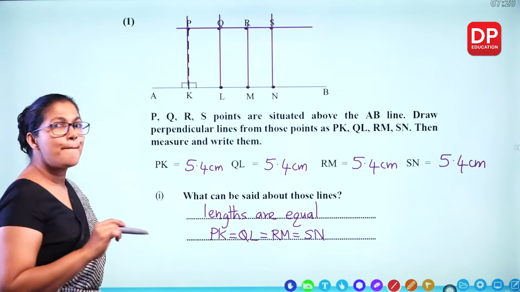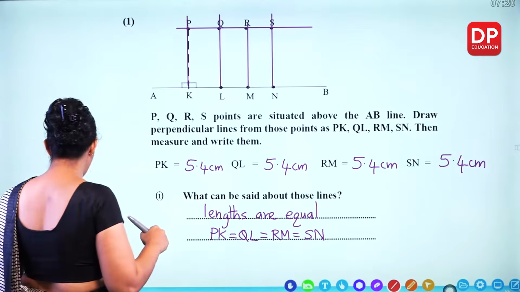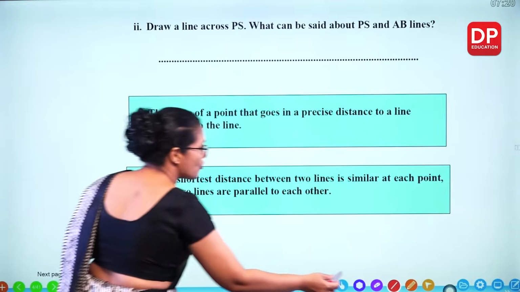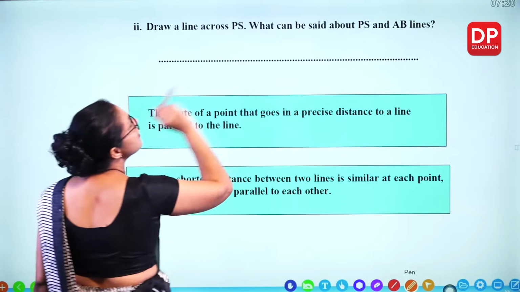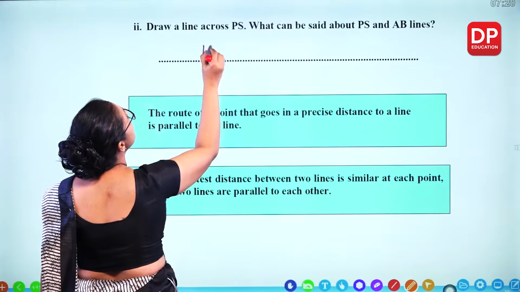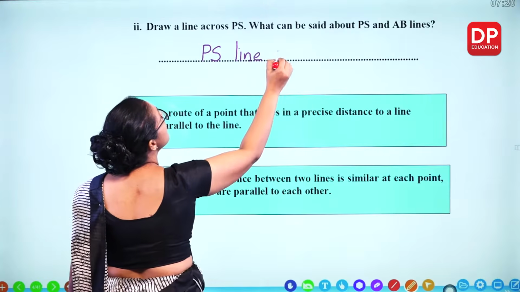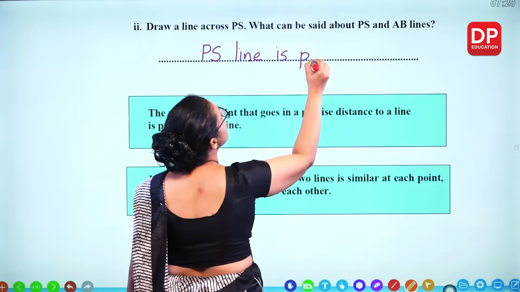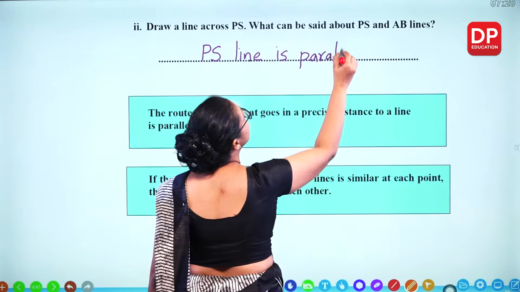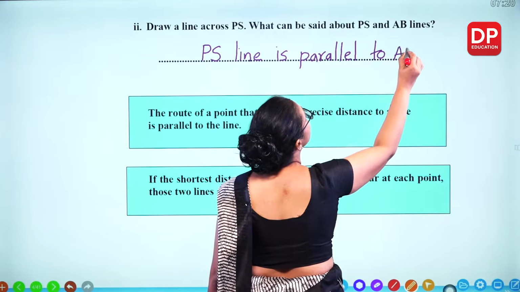Those are parallel. We can say the PS line is parallel to AB.